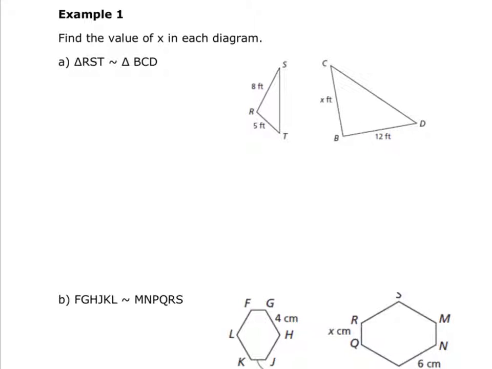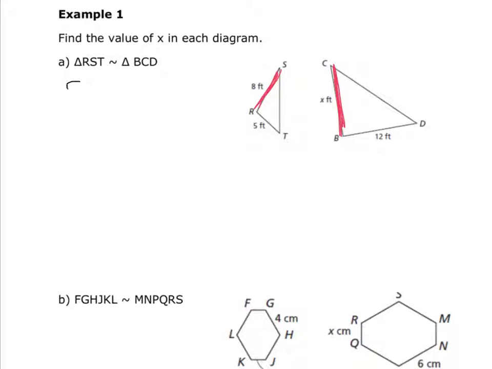In example 1 here, we're going to set up a proportion to figure out what X is in each diagram. So before we do that, we're going to notice the corresponding sides. Notice side RS right here is going to correspond to side CB over here. So I can write that first part of the proportion.